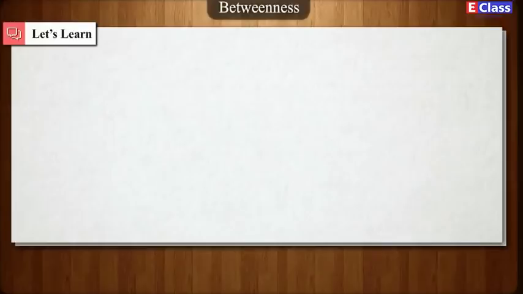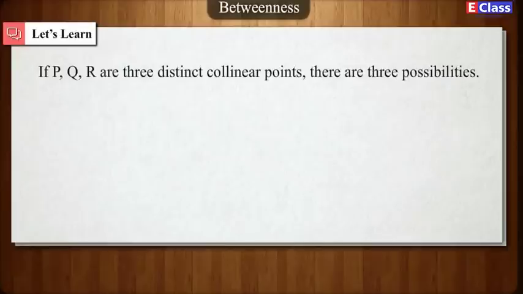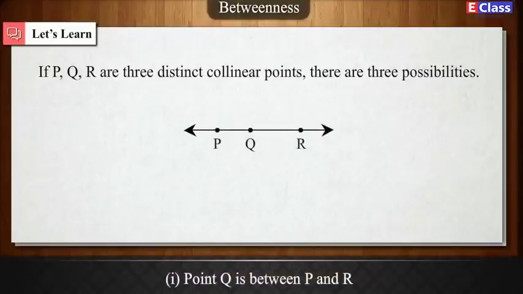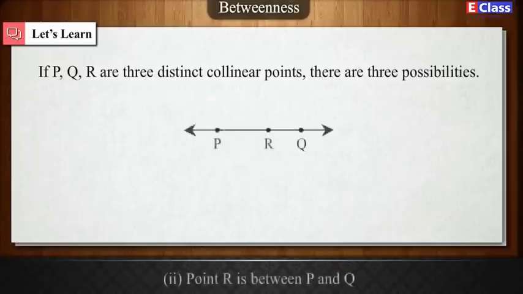Betweenness. Let's learn. If P, Q, R are 3 distinct collinear points, there are 3 possibilities. 1. Point Q is between P and R. 2. Point R is between P and Q. 3.